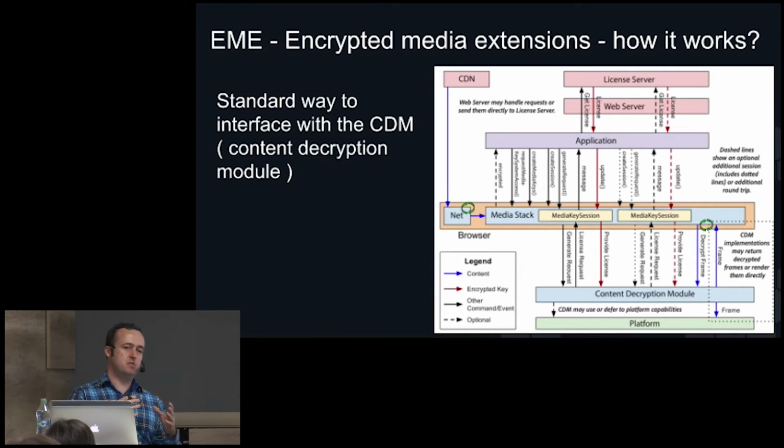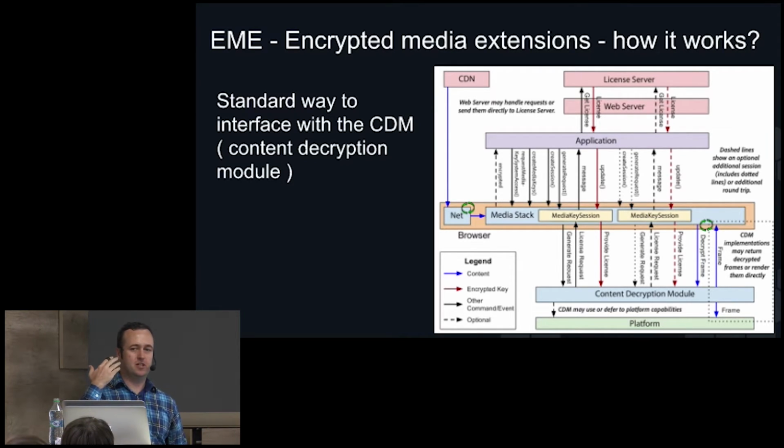You pass media and the key into that content decryption module, and then you get back an opaque video stream. I say opaque because essentially none of your code can access the pixels that are coming back. You can just play it back.